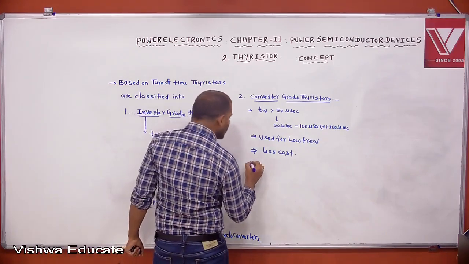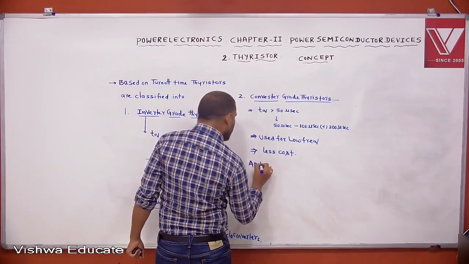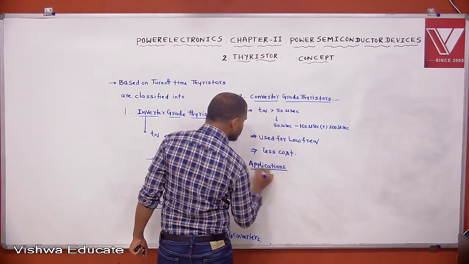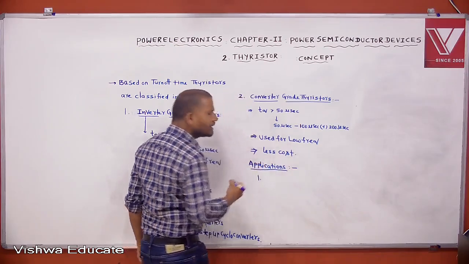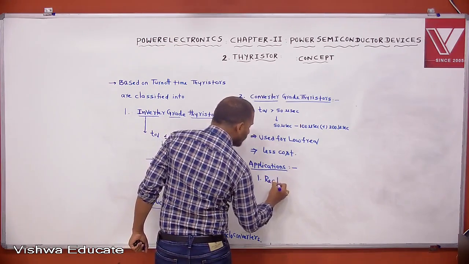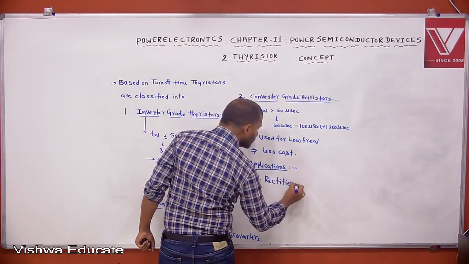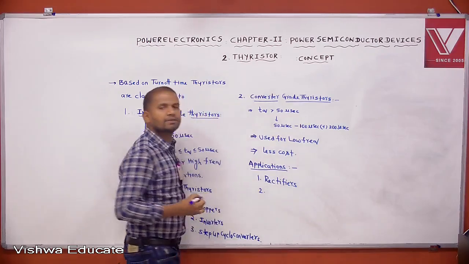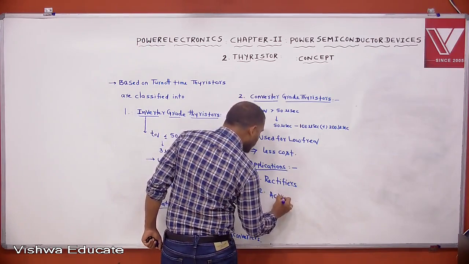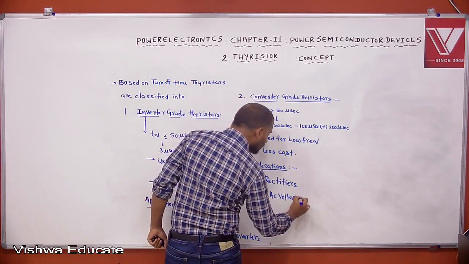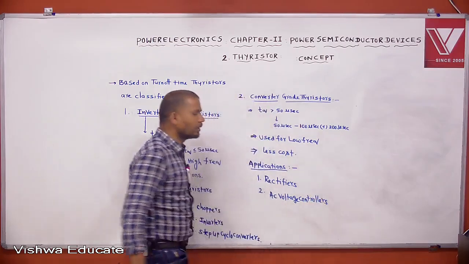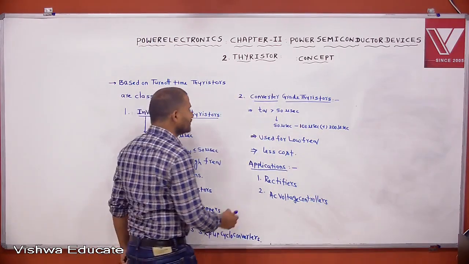What are the applications of converter grade thyristors? These thyristors are used in rectifiers. They are also used in AC voltage controllers or AC voltage regulators.